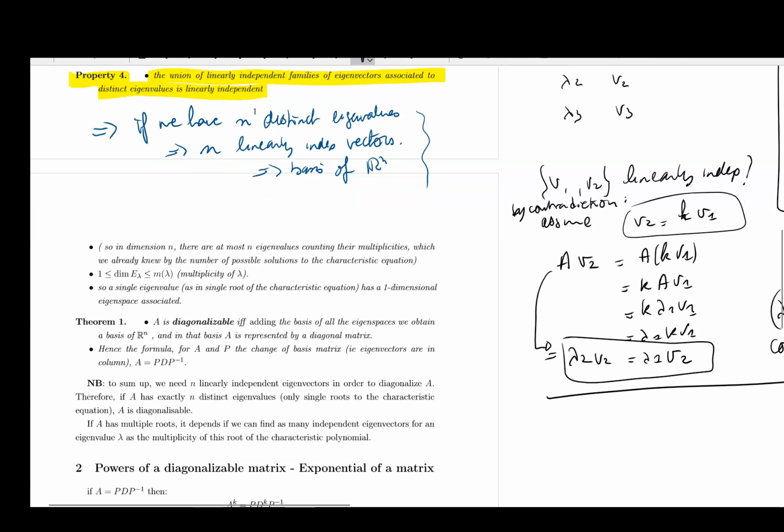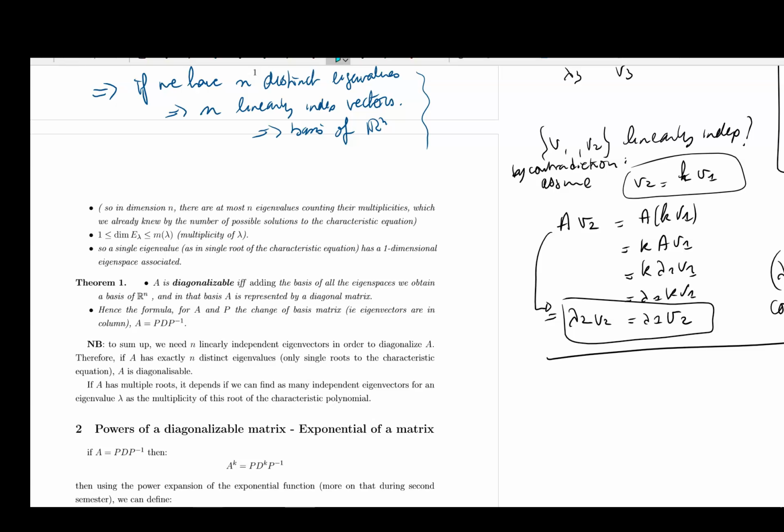So what is written next in that theorem? In dimension n, there are at most n eigenvalues, so we've already said that, because it comes from counting their multiplicity, from the characteristic equation, but we get that result again because we know that we won't be able to have a linearly independent family with more than n vectors.